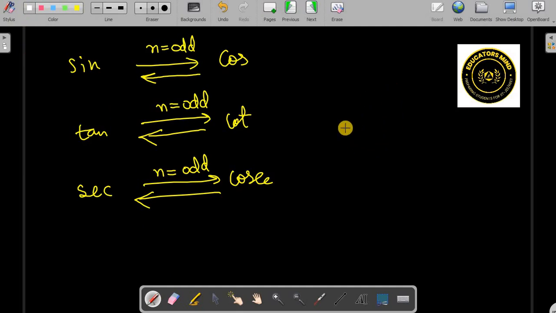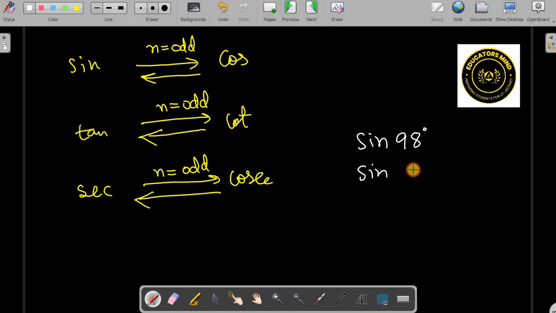Combinations of angles can also be applied. For example, if they ask, let us say, sine of 98 degrees.